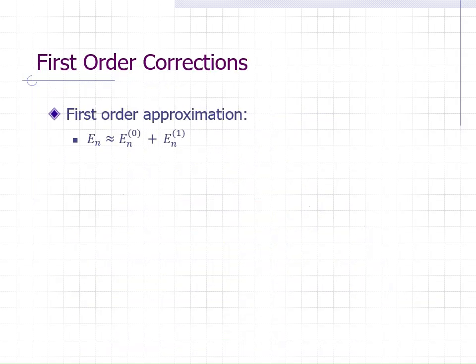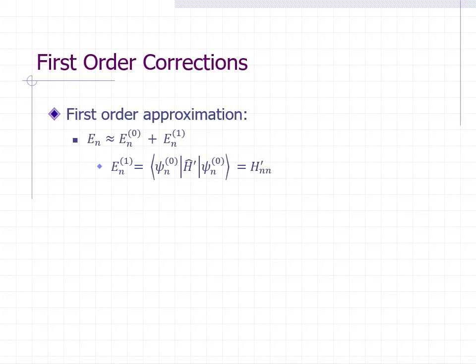At this level, we approximate the energy as the sum of the zeroth order energy and the first-order correction. So, E sub n is approximately E sub n naught plus the first-order correction, which we denote as E sub n with superscript 1 in parentheses. The formula for this first-order energy correction for quantum state n turns out to be the expectation value of the H prime operator, evaluated using the unperturbed wave function.